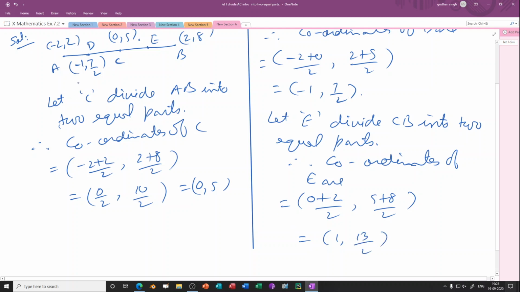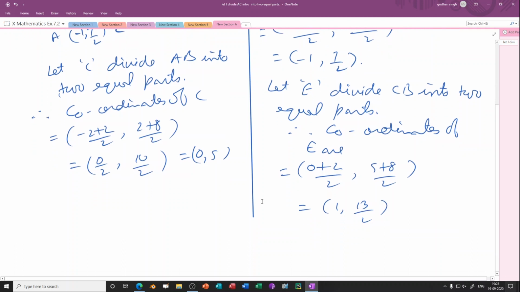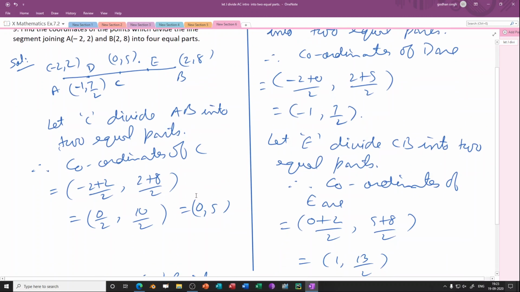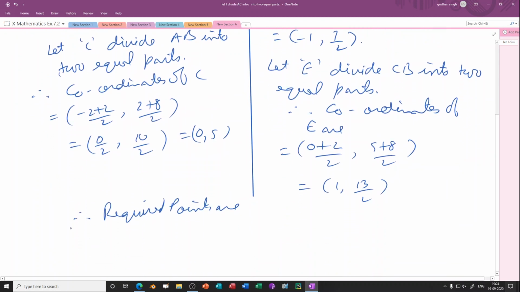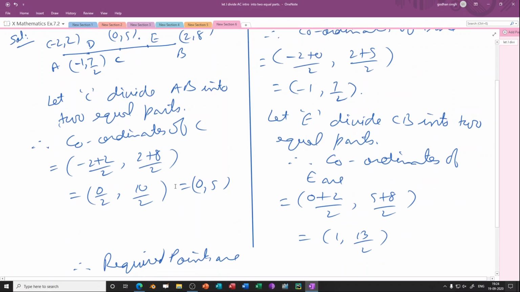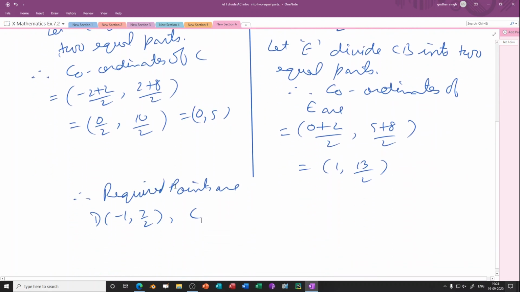So what are the required points? D, C and E are the required points. Therefore, the required points are, let's write in order, that will be better: D, C and E. D is minus 1, 7 by 2. Then the point C, that is 0, 5.